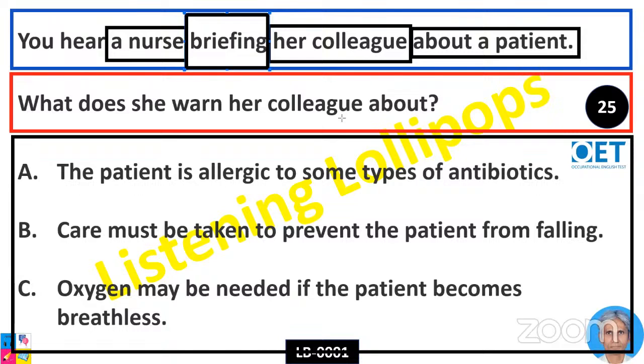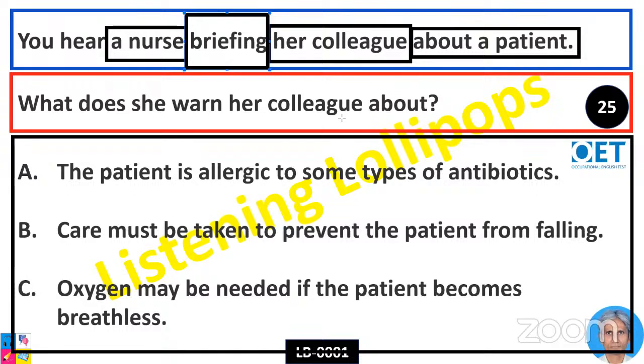Number one, who is speaking? The nurse is speaking. So this is the speaker. The next one: who is the nurse speaking to?